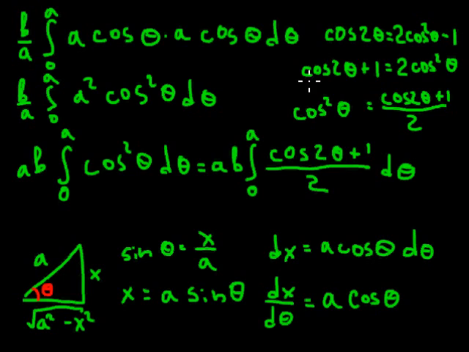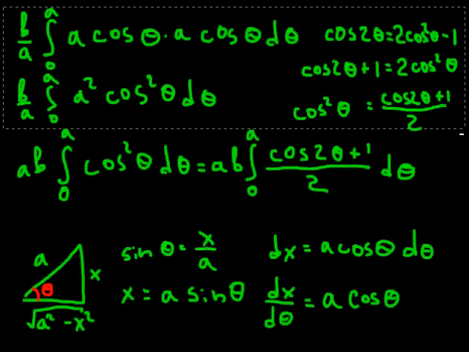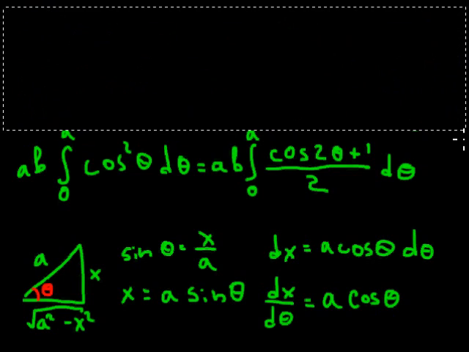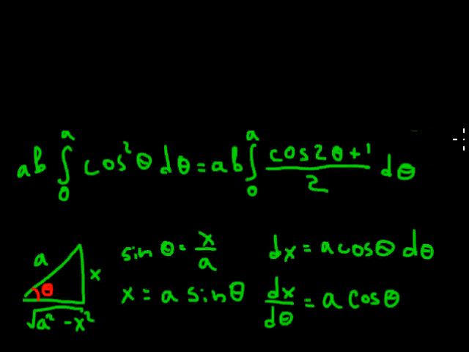Now let's erase all of this. And let's keep solving this integral. Okay. Here what we're going to do, we're going to take this 1/2 and just keep it up front because it's just a constant.